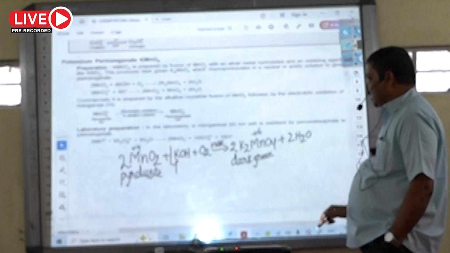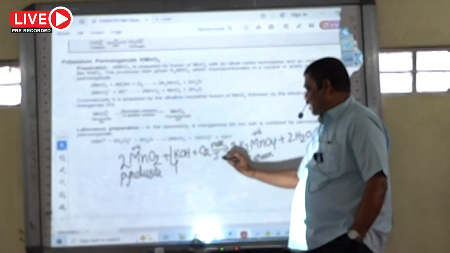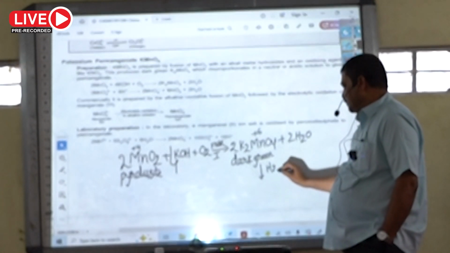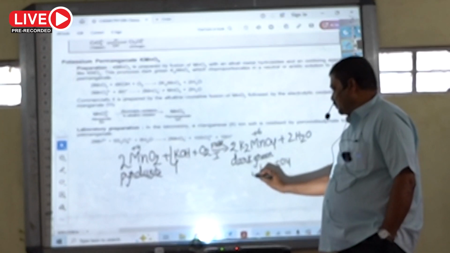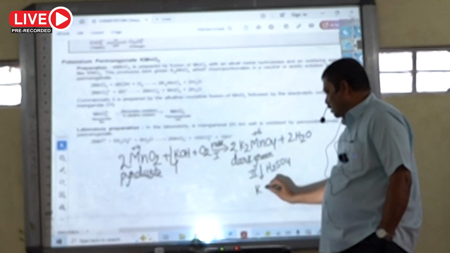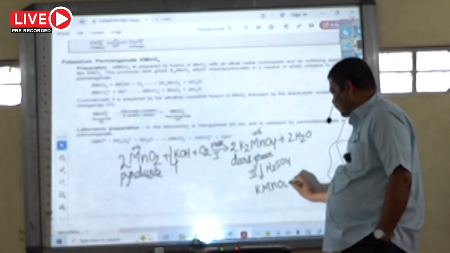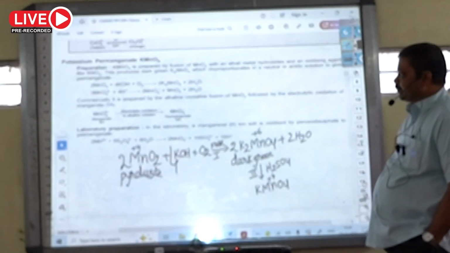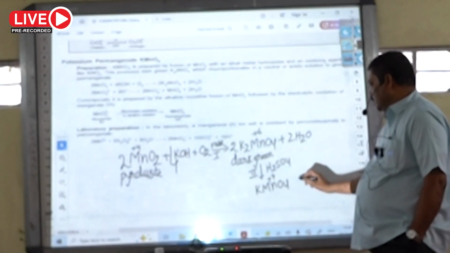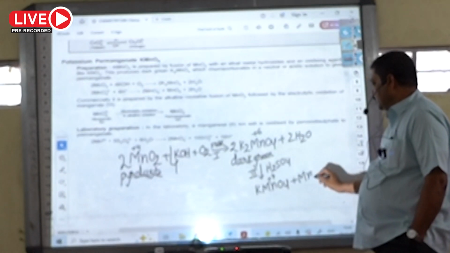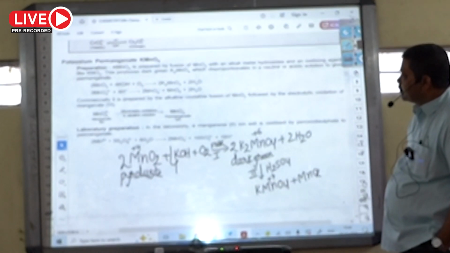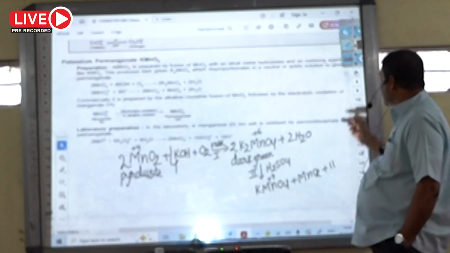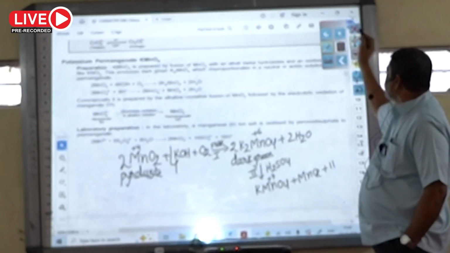Now this potassium manganate, after step 1, is treated with sulfuric acid, acidic medium. It will give potassium permanganate. It is being oxidized. Plus MnO2 plus H2O. Not MnO2, you can write MnSO4 also.